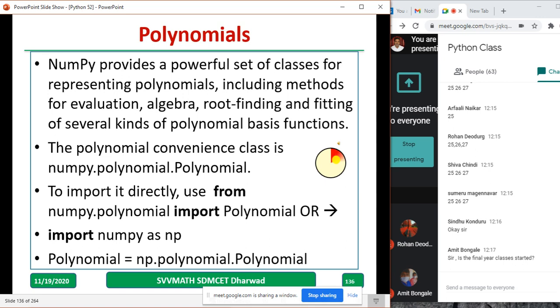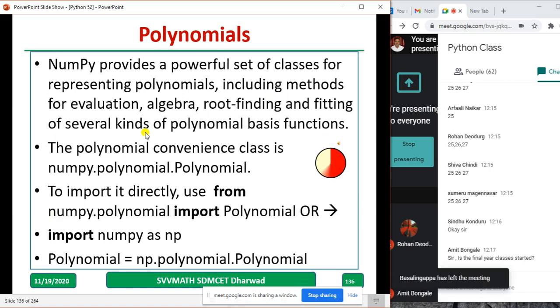We'll take sample numerical examples, then only you can understand how to solve the polynomials. But read it once or twice. These are the imports we sometimes ignore, and we may not write them even in the IA.